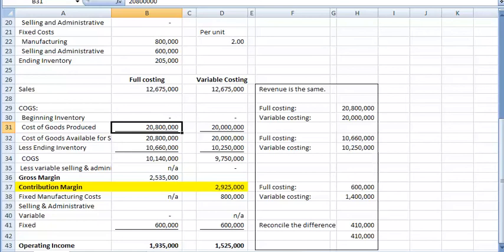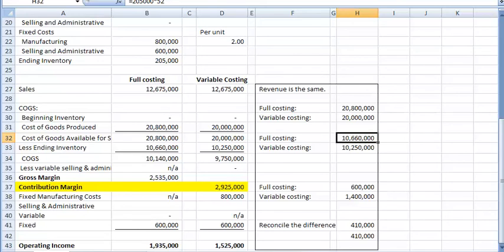Cost of goods produced, you can look over here for the formula, but that's basically taking the $52, which is all of your manufacturing costs, times your units produced. And your ending inventory, the amount that stays on your books, is based on your $52. And then we subtract out our fixed costs, and this is our fixed selling administrative costs, to arrive at our income.